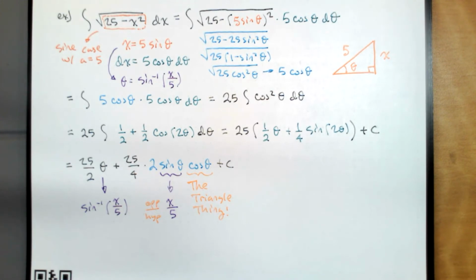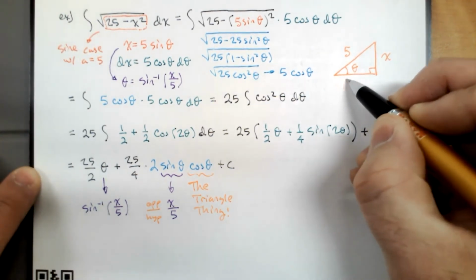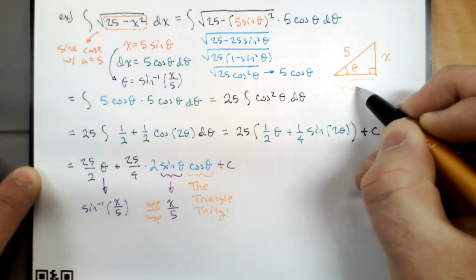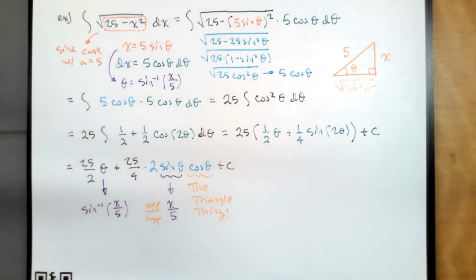We can use that to calculate the adjacent. So the adjacent side is the square root of 25 minus x squared. And gosh, that sounds familiar looking at what we started with. So now we can write cosine of theta is square root of 25 minus x squared over 5.